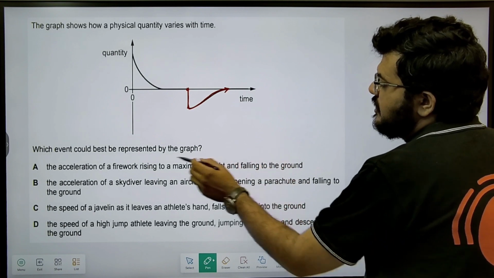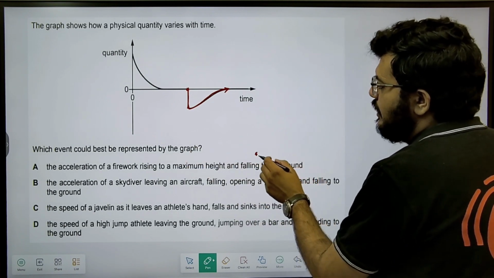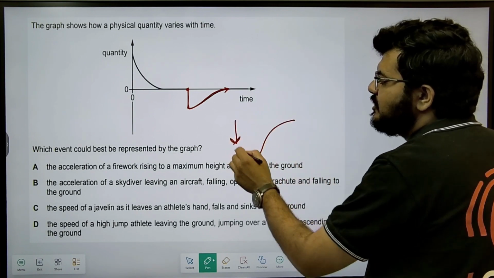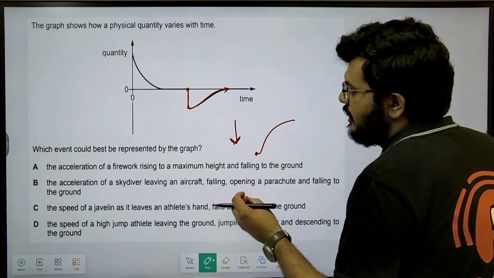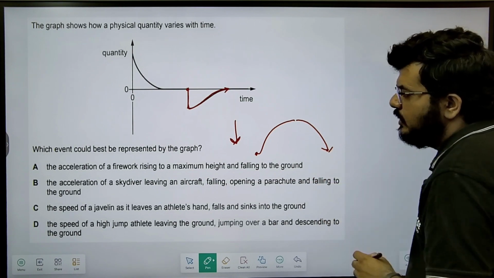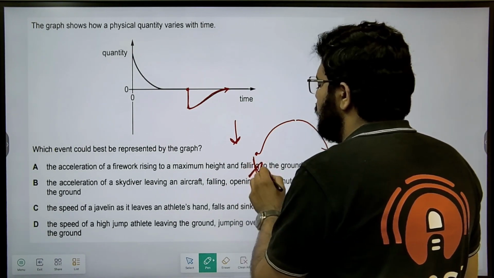If it is acceleration, then for the firework it is negative at the start, right? Becomes 0, and then because gravity acts downwards, its acceleration is decreasing, and then it reaches a maximum height and falls to the ground. So it goes on increasing. Okay, so this cannot be your answer.